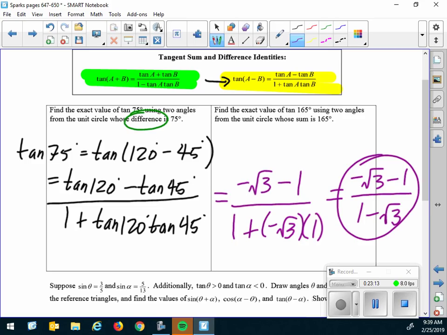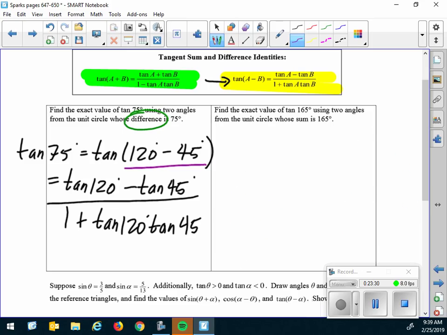Next one. Find the exact value of tangent of 165 degrees using two angles from the unit circle whose sum is 165 degrees. Well, shoot, let's just use those. Those add up to 165 degrees. And I already know the stuff. Okay.